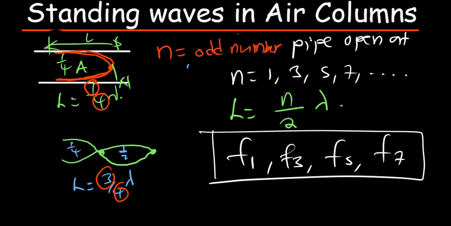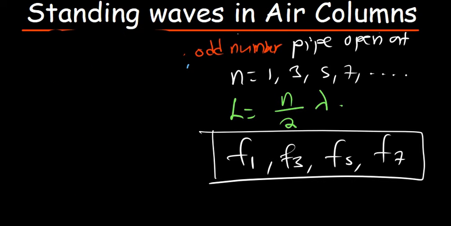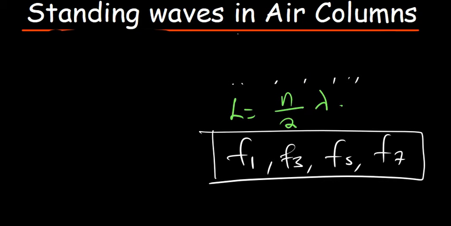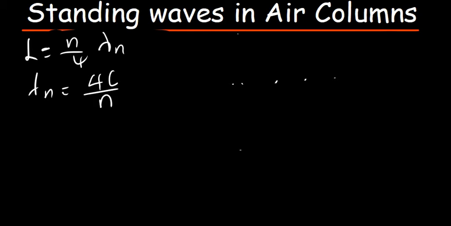So now let's go ahead and derive the formulas. Okay, so if n is equal to 1, what will be the formula for frequency? Let's see. Let's just write this: n over 4 times lambda n, meaning lambda n will be equal to, if I make lambda the subject of the formula, 4L divided by n, like that.